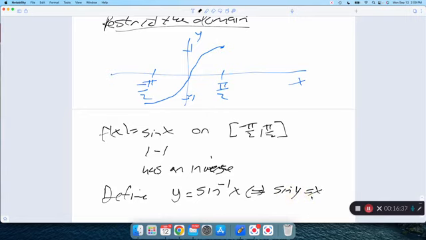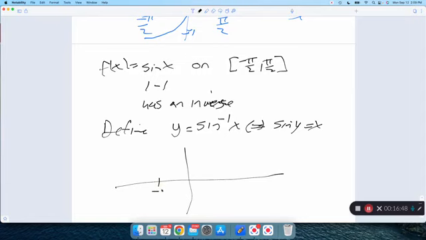Okay, this is a function. We could graph it. It's going to go like this from -1 to 1 on the x-axis, and from -pi/2 up to pi/2 on the y-axis. And it goes like this.